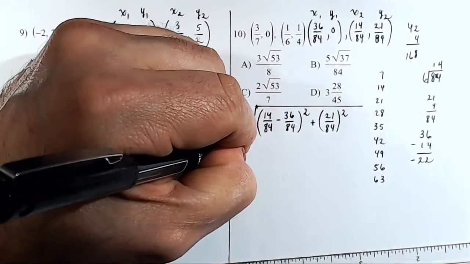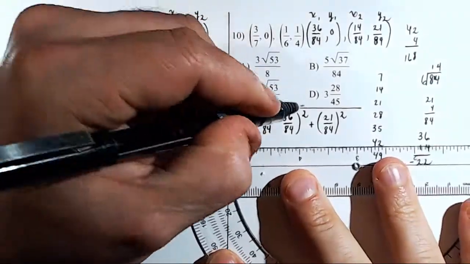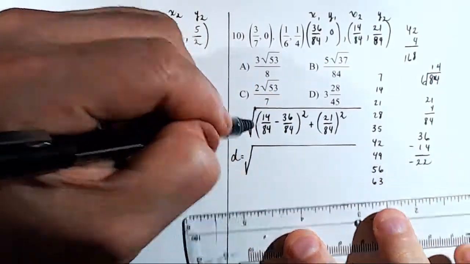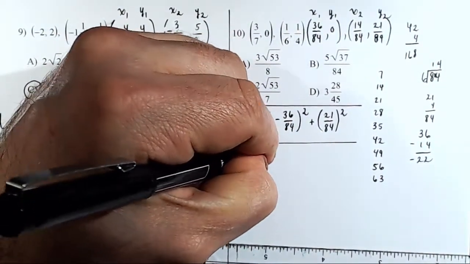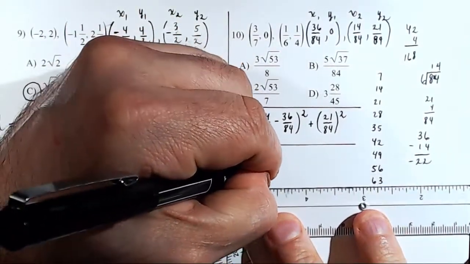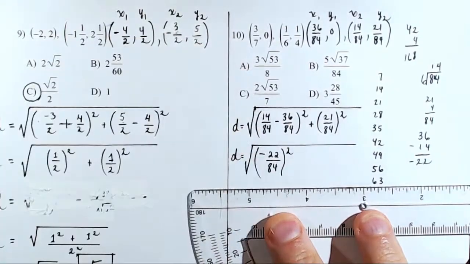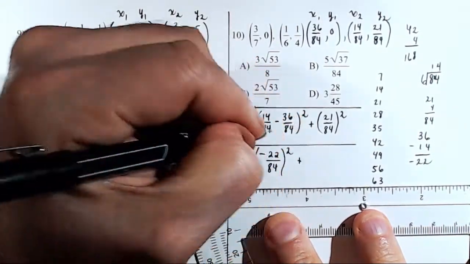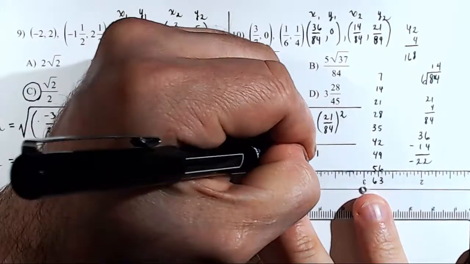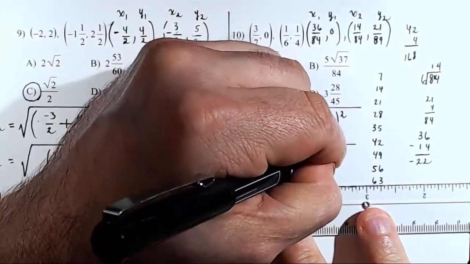So now D equals the square root of negative 22 over 84 squared plus 21 over 84 squared.